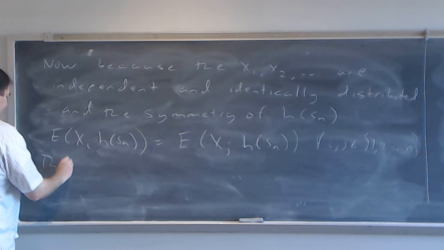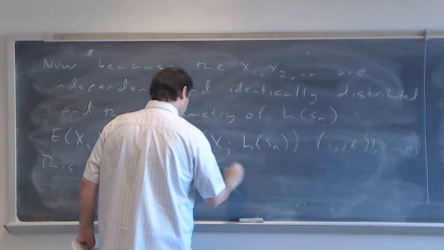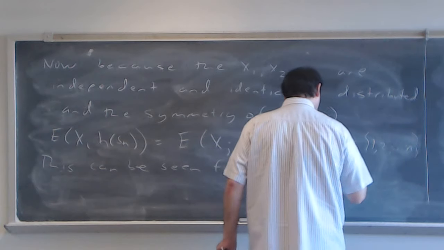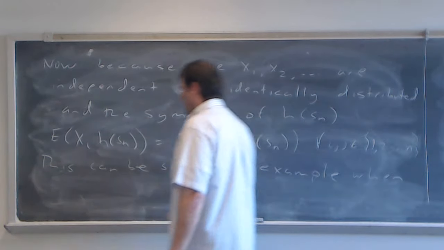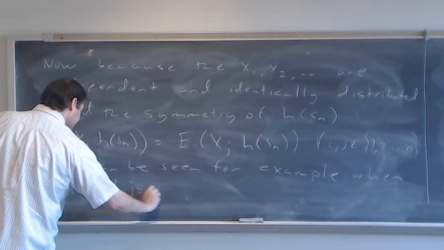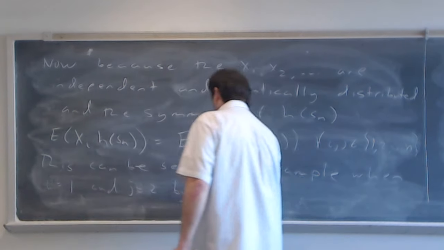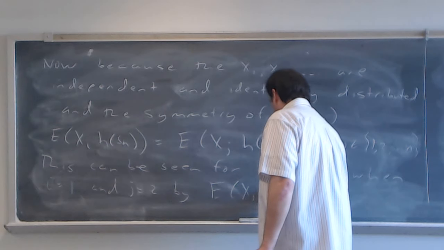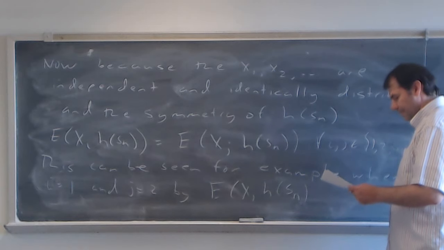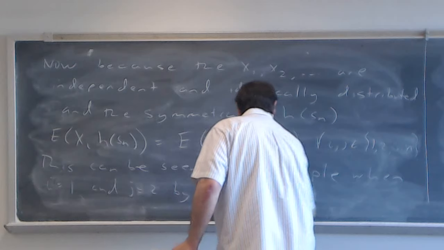This can be seen, for example, when i is equal to 1 and j is equal to 2. Okay, so I'll look at this: the expected value of x of 1, h of S of n. I should say one more thing, I'm sorry.